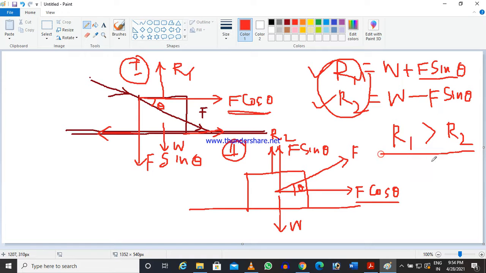The frictional drag in the first case, F1, is mu R1, and the frictional drag in the second case, F2, is equal to mu R2.